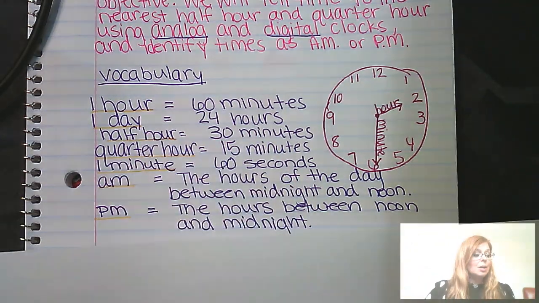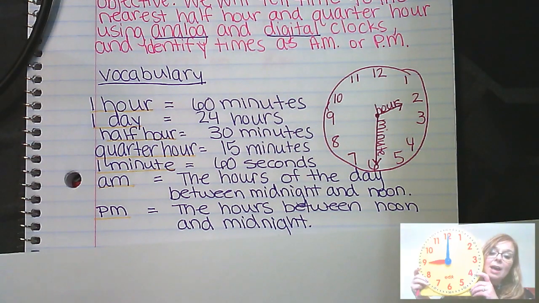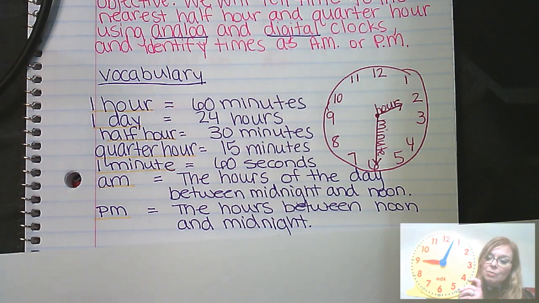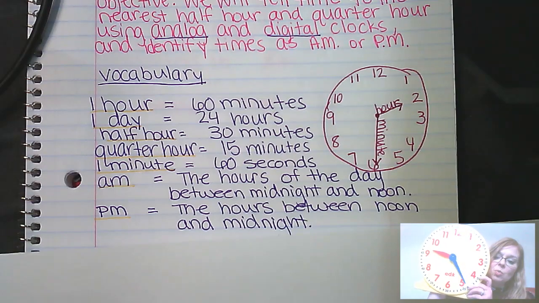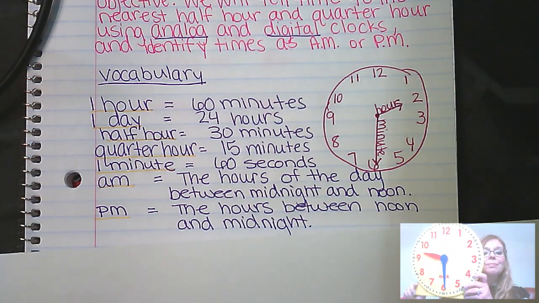Half hour is 30 minutes. So if you are on the 9 o'clock, we are going to go 5, 10, 15, 20, 25, 30. Half hour is 30 minutes.